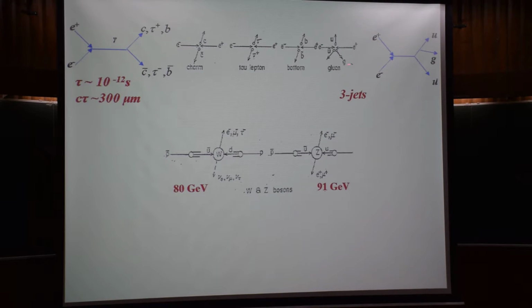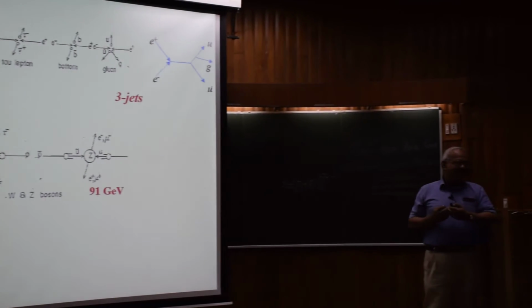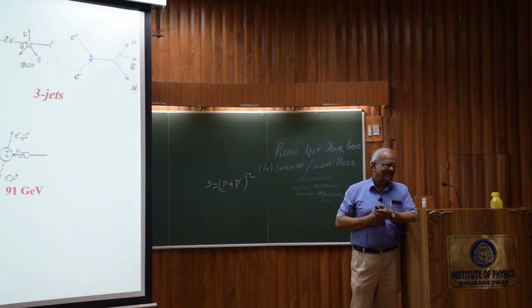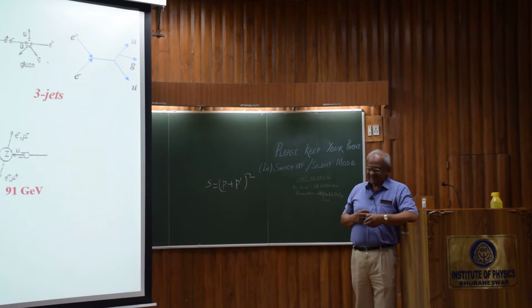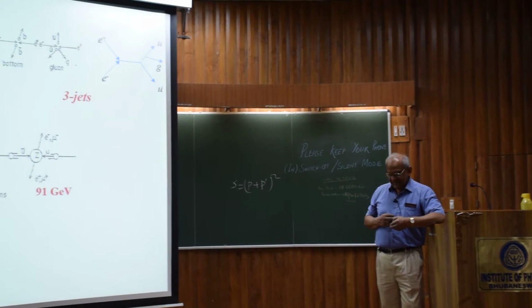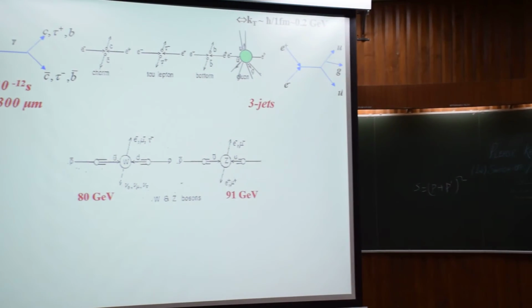Now, these objects come as jets. What are these jets? You see, I told you that the quarks and gluons are perpetually confined inside a hadronic dimension of 1 Fermi. So how do they come out? Okay. The answer is very simple. It again comes from quantum mechanics, because quantum mechanics tells you that vacuum is not empty.